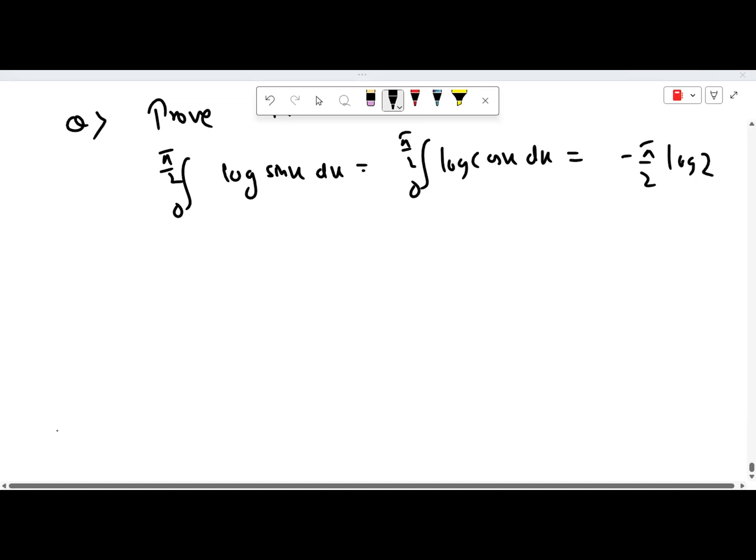Solving it, Aliza, Deborah. Just use properties and you can find the answer.